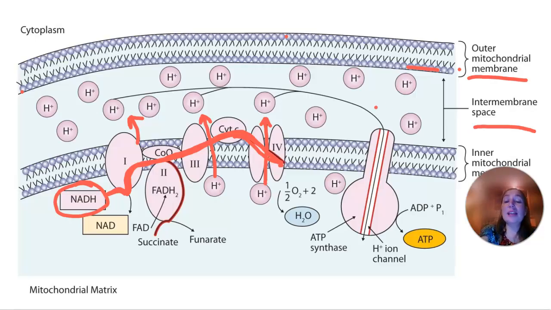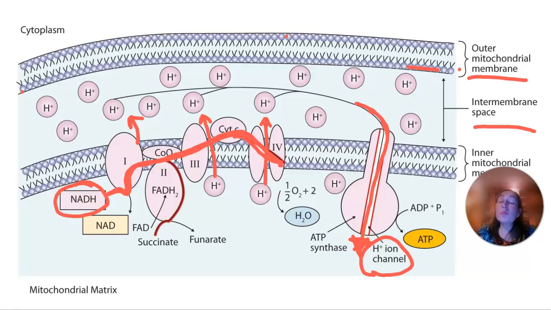Now it's those excess H pluses that can pass back through the inner mitochondrial membrane through ATP synthase, through the proton channel in ATP synthase. Because there's this excess in the inner membrane space, they want to pass back through the inner mitochondrial membrane into the main part of the mitochondria.